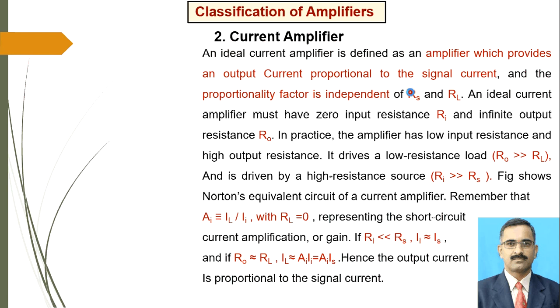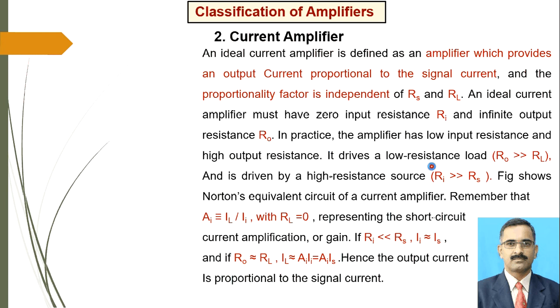An ideal current amplifier must have zero input resistance, that is Ri, and infinite output resistance R naught. That means its input impedance should be low, that is 0, and output impedance should be high. In practice, the amplifier has low input resistance and high output resistance. It drives a low resistance load.